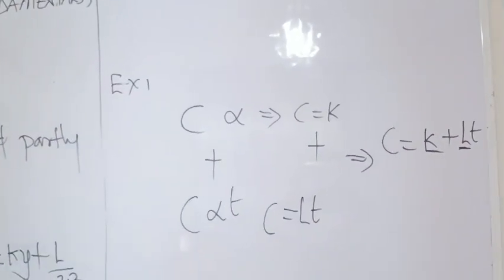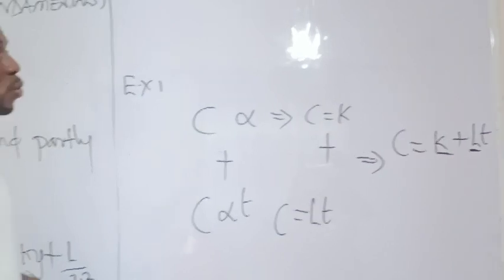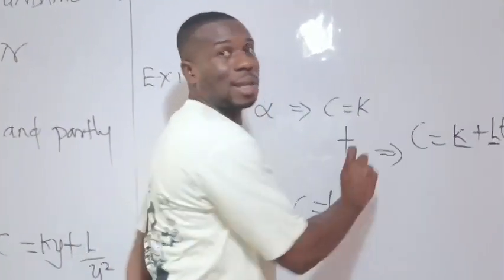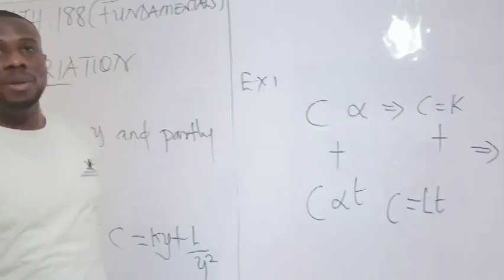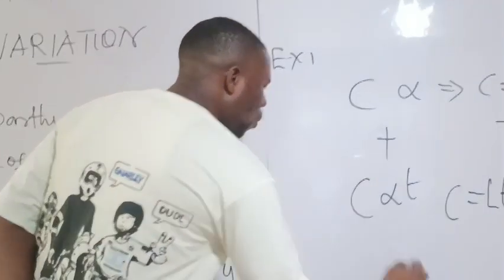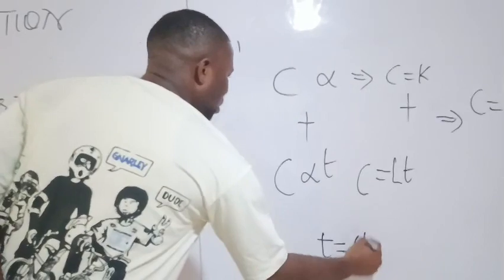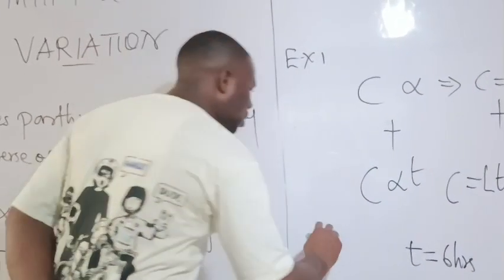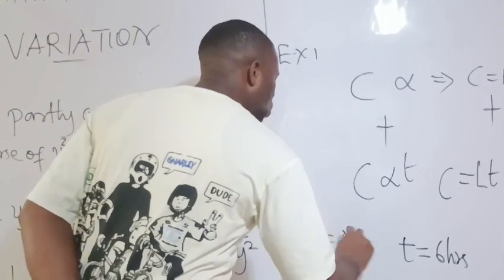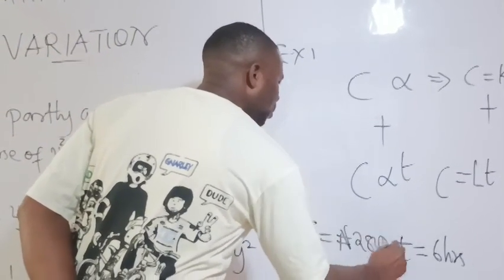I'll give you two pairs of values of C and T. Why? Because I have two constants here, and I have to look for what K and L stand for. Let's say in 6 hours of sewing, the cost of sewing is 2,800 naira.